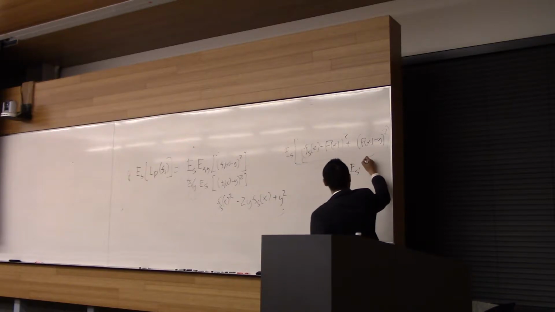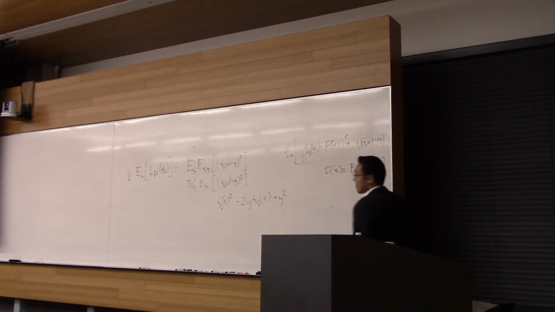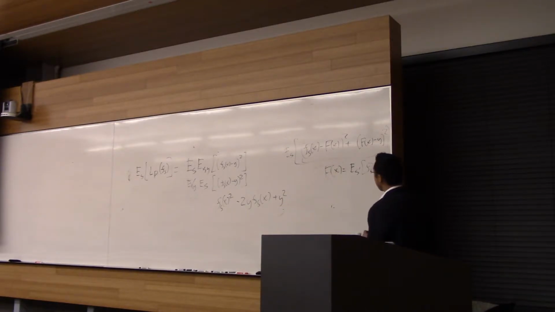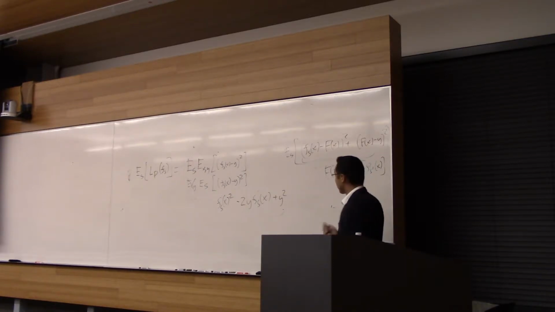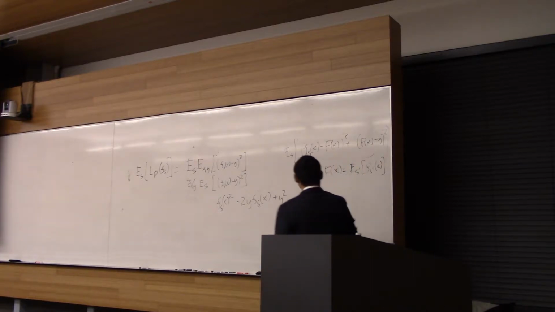I'll just use S prime here to have a different thing. And so a couple of observations. First, this is a fixed thing, right? There's no randomness here. It's the expectation over something. Let's see.